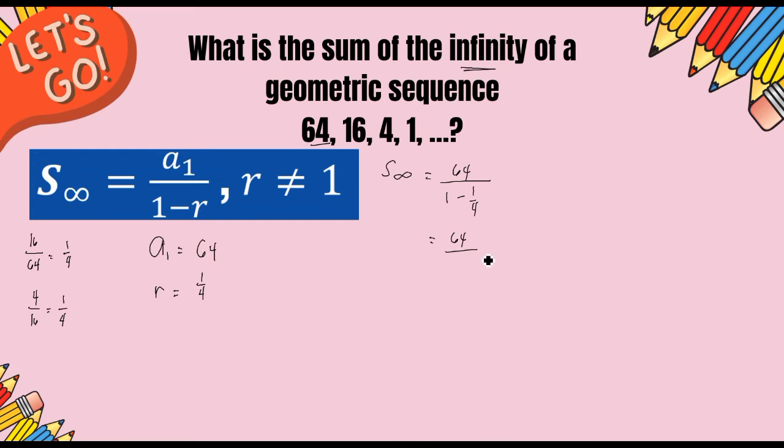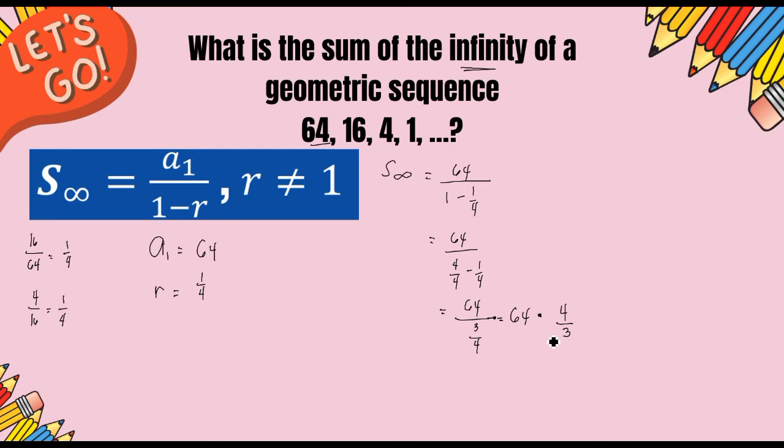Yung isang buo, pwedeng gawin yung 4 over 4, minus 1 over 4 para mas madali, is equal to 64 all over 4 minus 1 is 3 over 4. So, since meron pa po siyang fraction, get the reciprocal, change the operation, magiging 64 times the reciprocal of 3 over 4, which is 4 over 3.